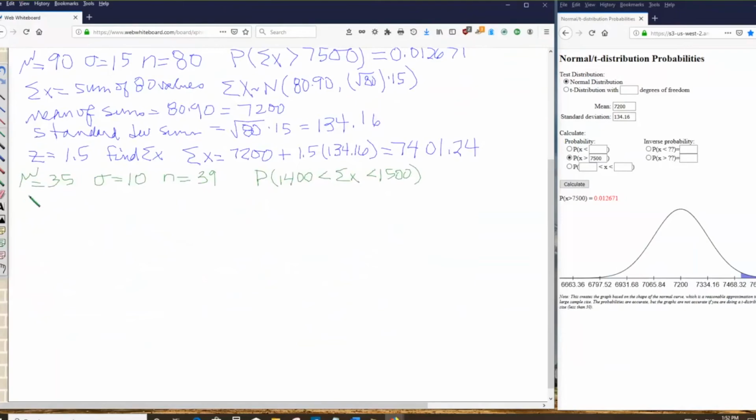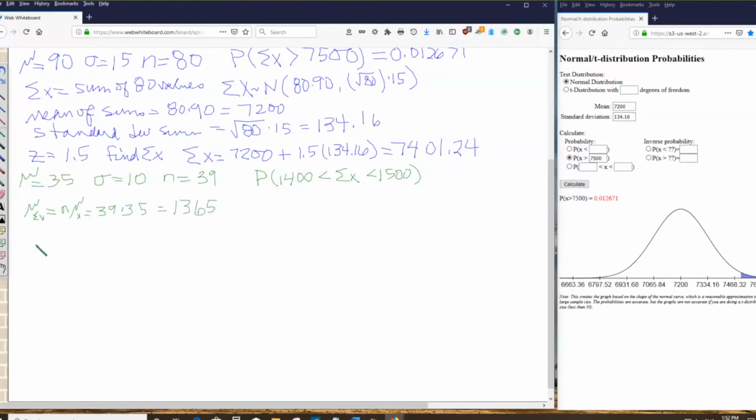So then I need to do my conversions again. So my mean of the sum of x, and I'm just writing slightly different notation. You can just write mean, but this is really what it is. It's the mean of the sum of x is equal to n times the mean of x. So that's going to be 39 times 35, which is going to give you 1365.